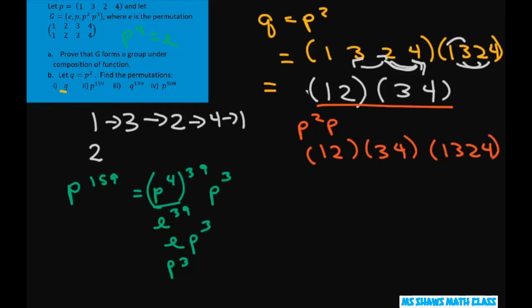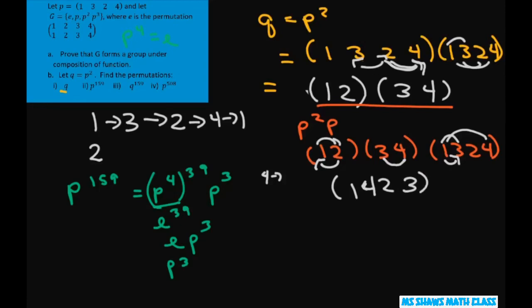This is P times P squared, and that's going to give you 1 maps to 3, and 3 maps to 4. 4 maps to 1, and 1 maps to 2. 2 maps to 1 here, and 1 maps to 3. So that's going to be this.